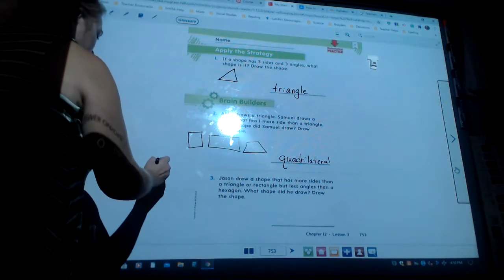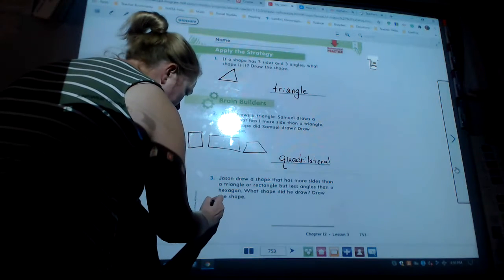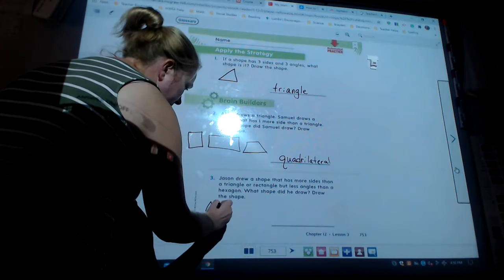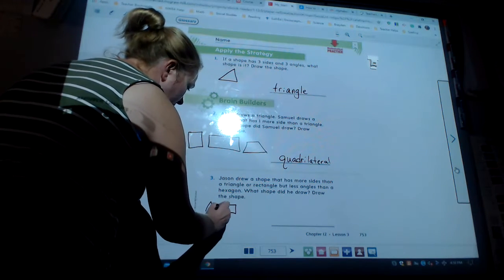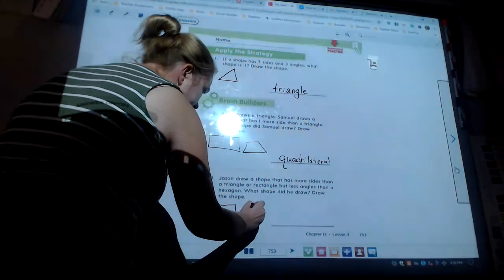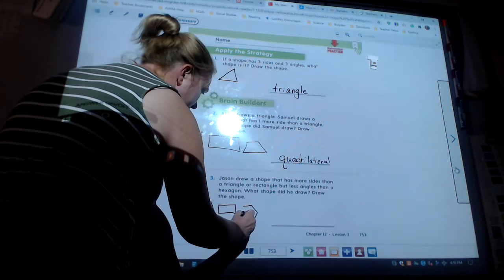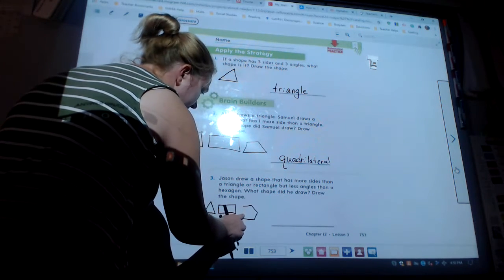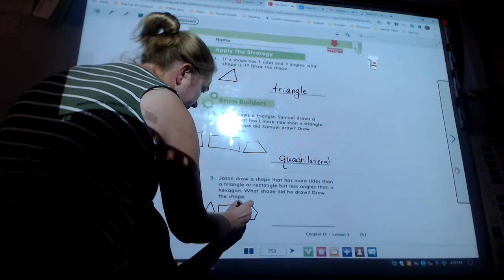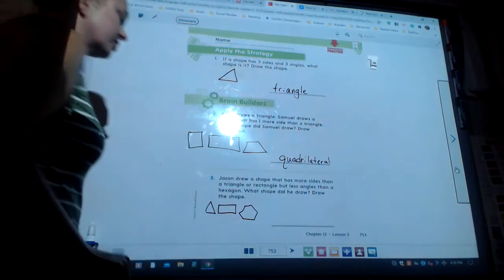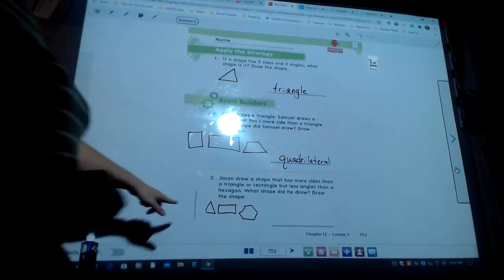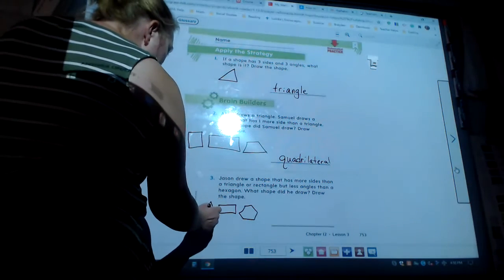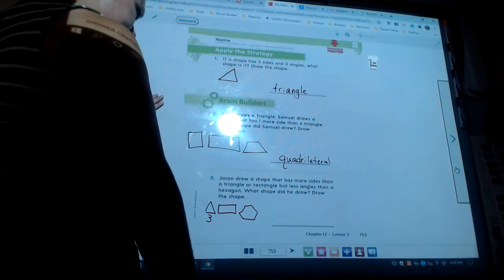So I'm going to draw over here. You can draw right here on your paper. So here's a triangle. Here's my rectangle. Whoop, went inside. Let's go outside. Oh, that's terrible. Sorry. That's a terrible drawing. So it has to have more than 3 sides.